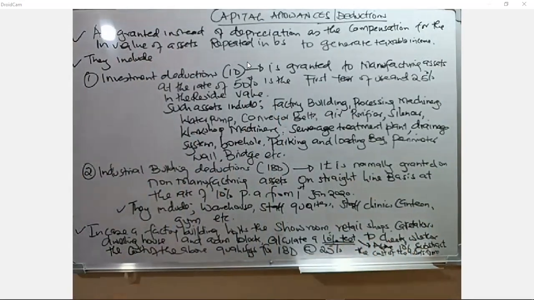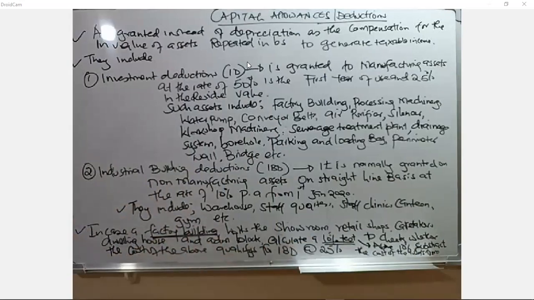If it is above 10%, you subtract the cost of the above assets from the cost of the factory building, and it means they qualify for IBD, right? But if it is less than 10%, you are not going to subtract them from the cost of the factory building. The total cost given of the factory building will automatically qualify for IBD, and you are not going to be subtracting the above cost of these assets.